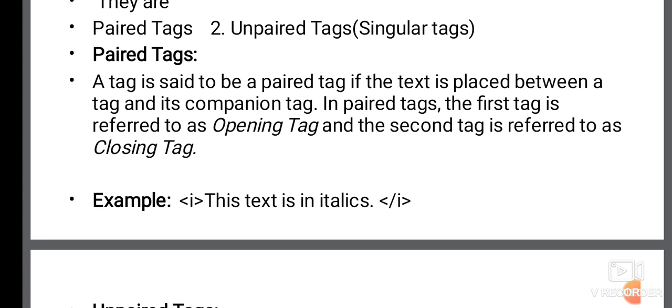Now I have an open tag, and finally while ending, before it I have the backslash, and this is called the closing tag. Similarly, HTML, head, title, everything you open and you close will be called paired tags.